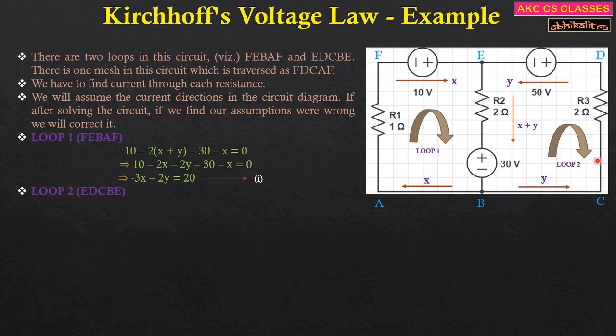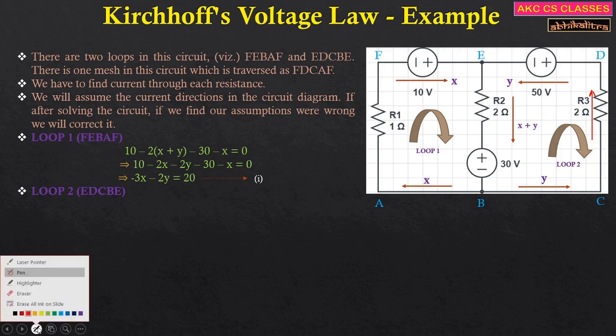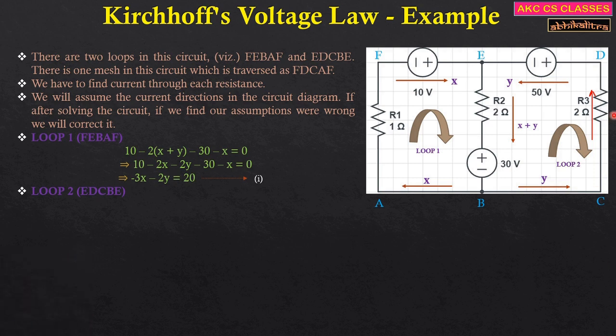Now when we try to move from D to C, what is the direction of the current? Current direction in this particular wire will then be this way, right? It is from C to D, obviously. So what is the expression that we get over here?